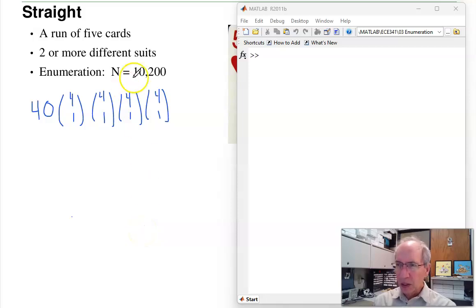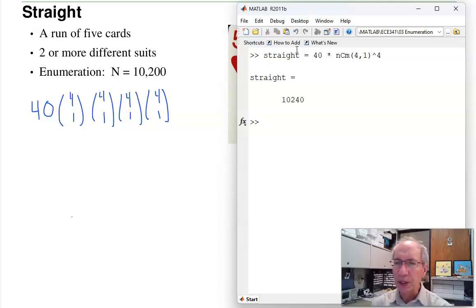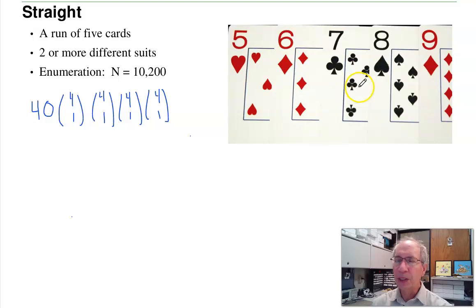The number of straights then is 40 times nchoosek(4,1), and there's 4 of them, 10,240. Okay, that's close. I want to get 10,200. I'm out by 40. Well, the reason I'm out by 40 is, again, the straight flushes. There are 40 straights that are also flushes, so subtract out 40.